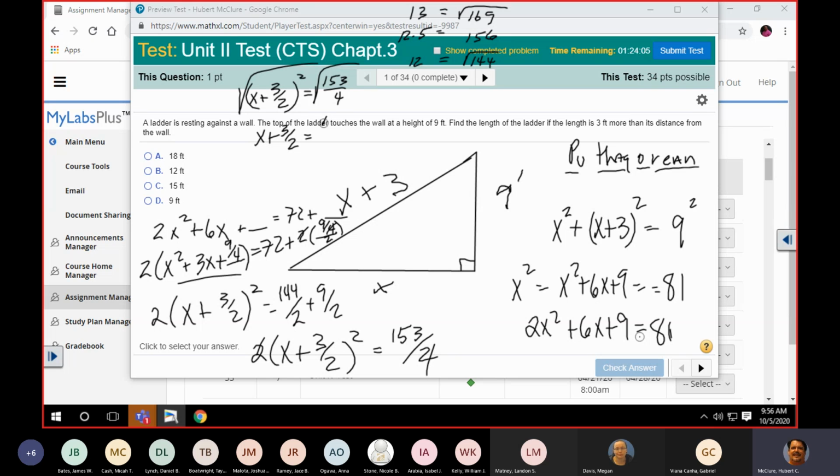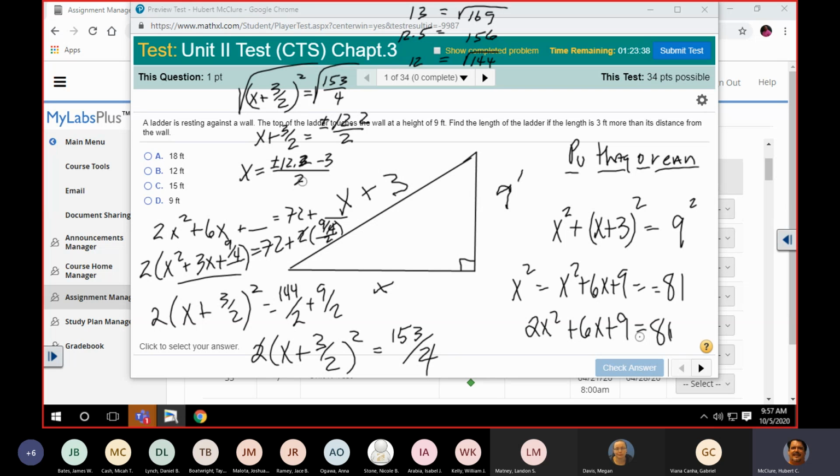So positive or negative 12.2 over 2. So x is equal to positive or negative 12.2 minus 3 over 2. And I'm not going to worry about the negative because negative can't be a distance. 12 minus 3 is 9.